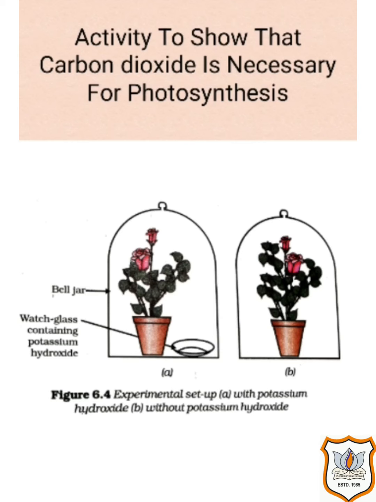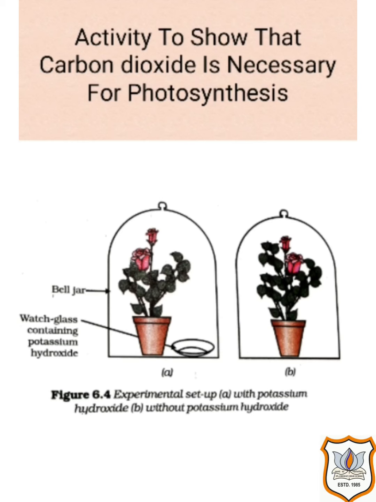Label one pot as A and the other as B. Keep a small watch glass or petri dish containing pellets of potassium hydroxide, that is KOH, on the glass plate near pot A. Cover both the potted plants under 2 separate glass bell jars as shown in the figure. Apply a thick coat of Vaseline on the bottom of the bell jar close to the glass plate in order to make both the jars airtight.